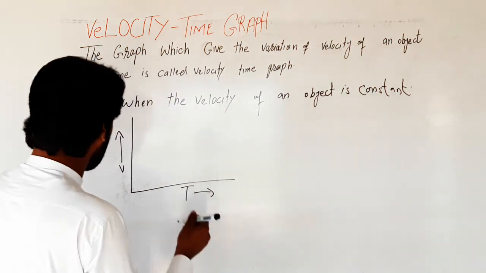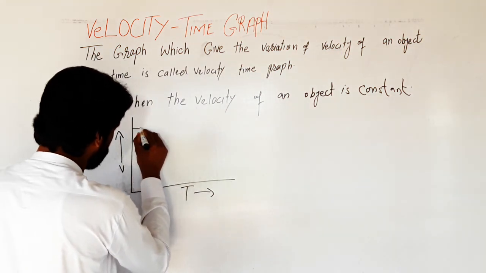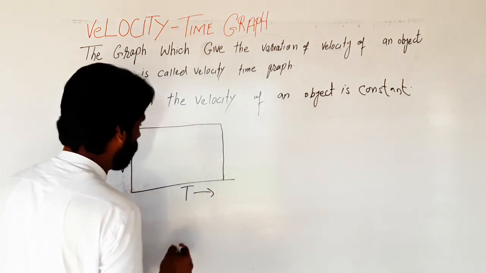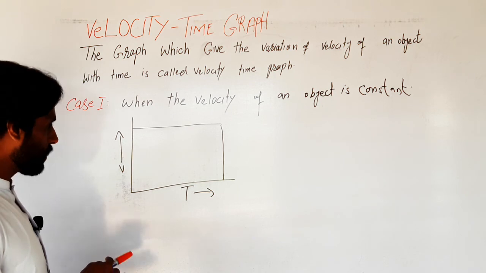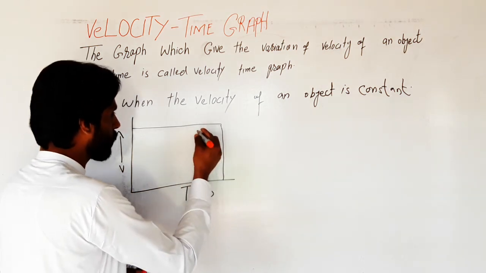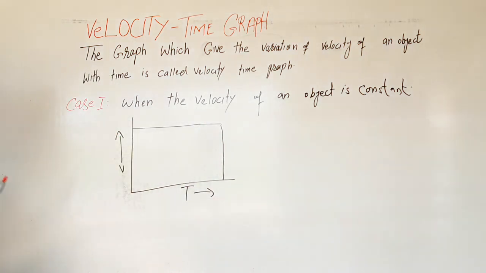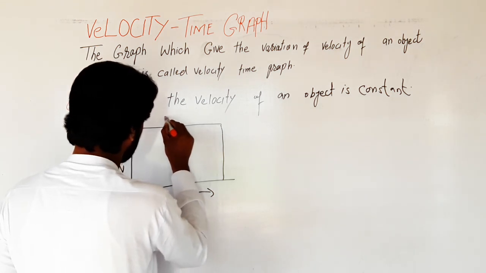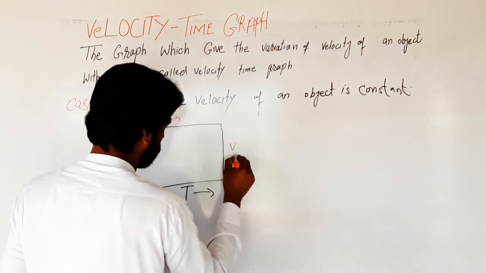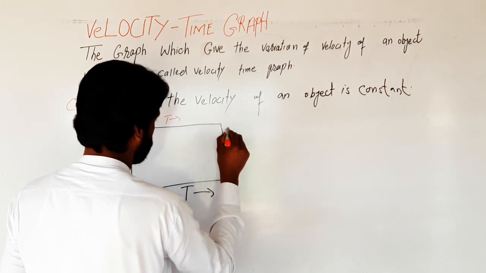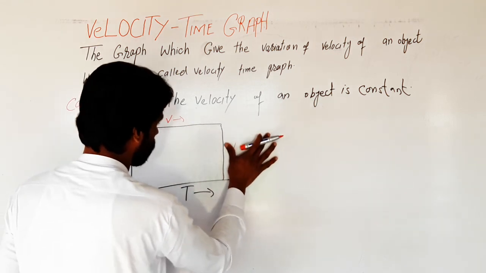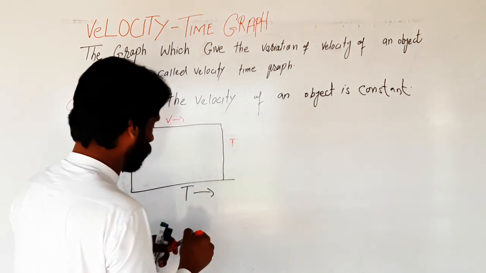In this condition the graph is drawn like this, with velocity and time on the axes.